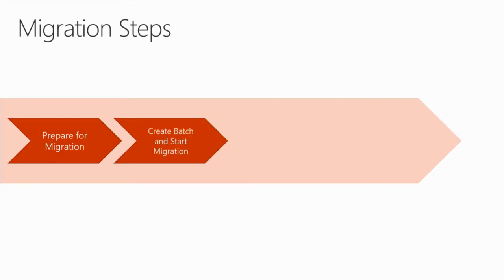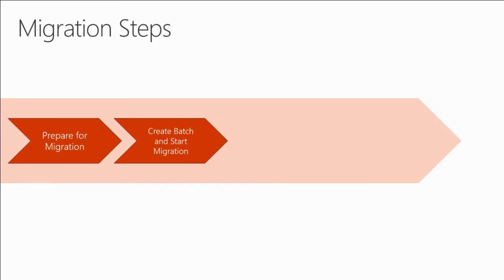The next step is to create the batch and start migration. The CSV which we created in the previous step will be ingested in the create migration step. Once you have created the batch and started the migration, one incremental sync will happen from your source public folder to the group mailbox, and once it finishes one incremental sync, your batch will move to completed state.